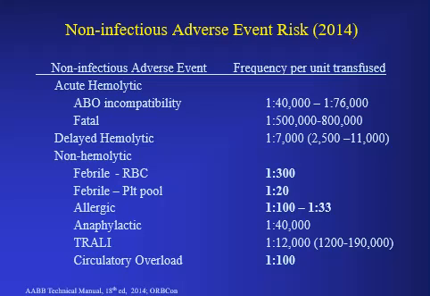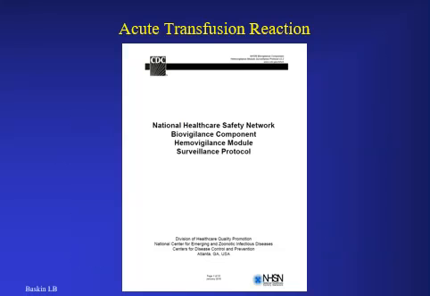Febrile reactions due to red cells, due to platelets, allergic reactions, and circulatory overload all occur fairly commonly. Now, the CDC publishes this compendium of reactions on a regular basis, and it helps define what qualifies as a specific type of reaction.